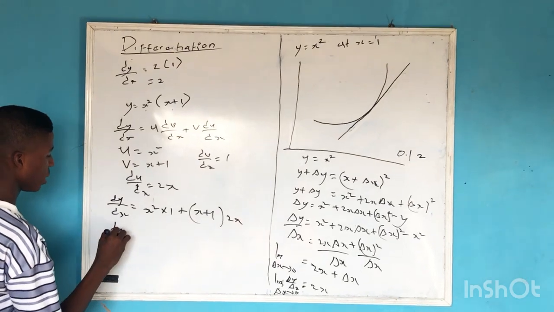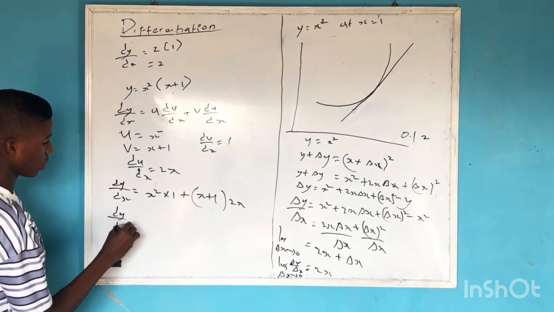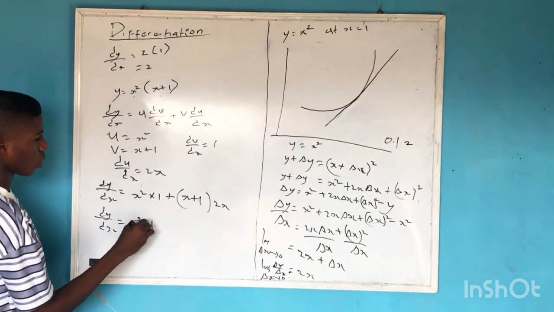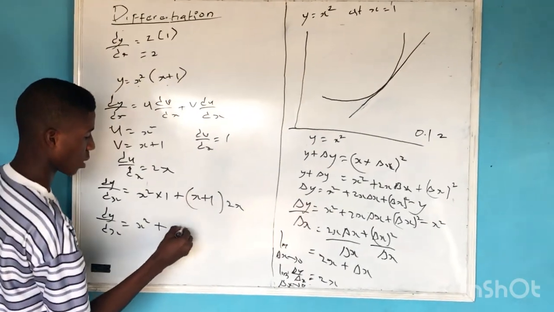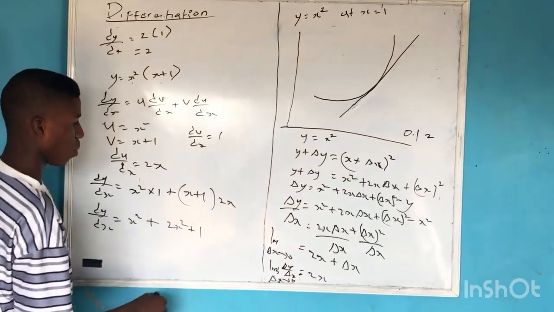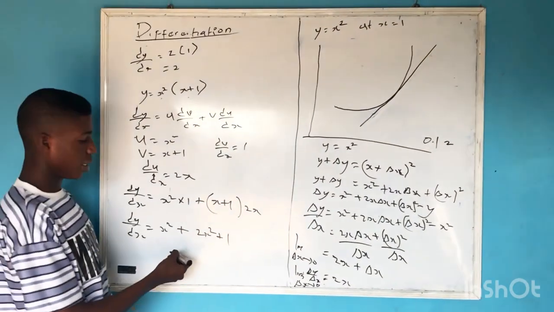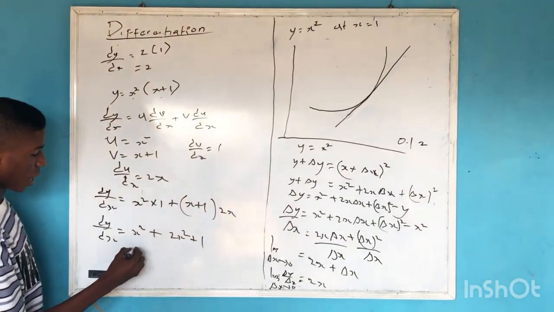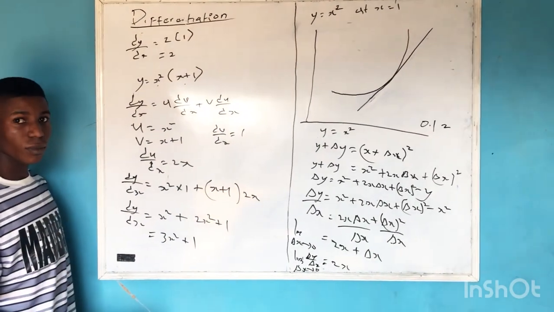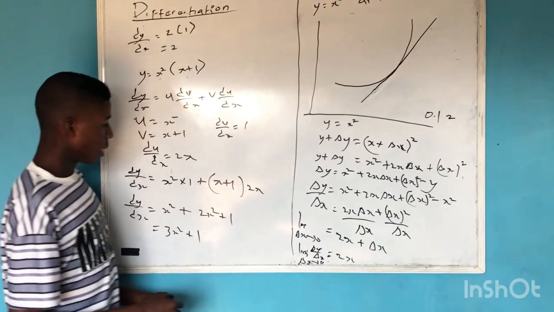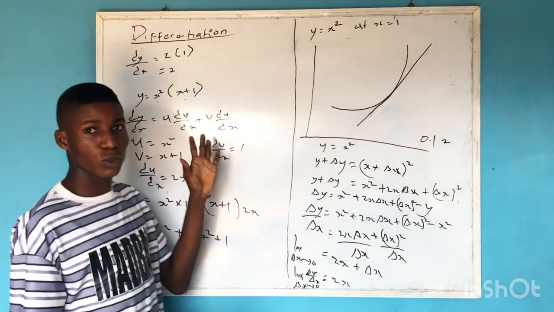So then my dy dx will be x squared plus, let me expand this, 2x squared plus 2x. So since these are like terms, I will just say I have 3x squared plus 2x. So this is called the product rule.